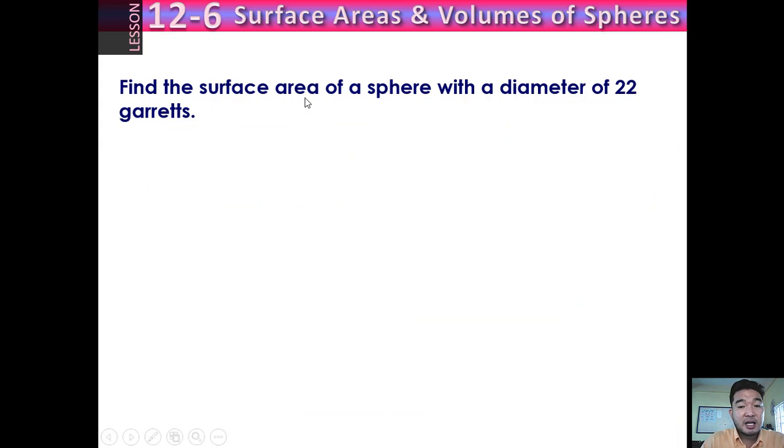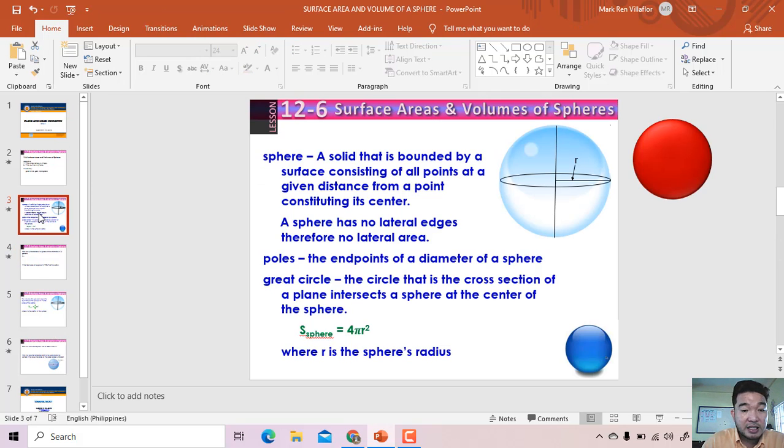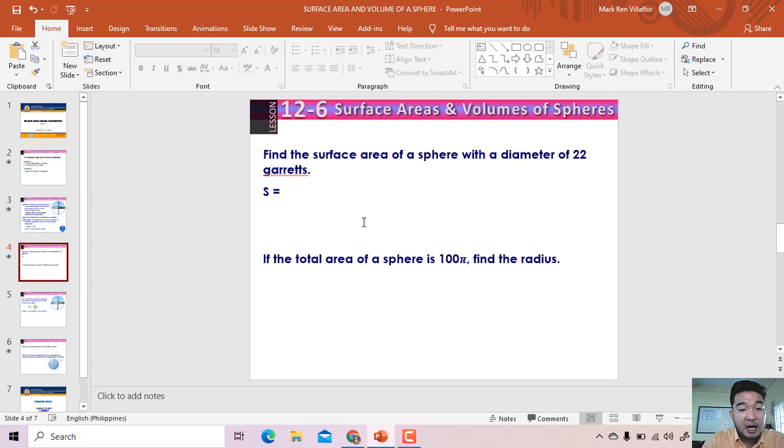Let us try this problem. Find the surface area of a sphere with a diameter of 22 garrets. So let us solve this one. The formula in finding the surface area of a sphere, as defined earlier, is 4 pi r squared.